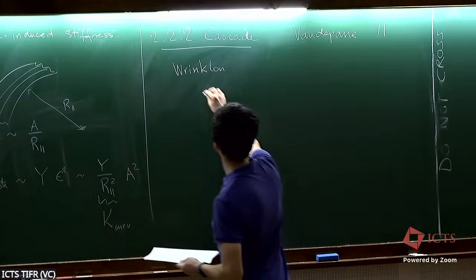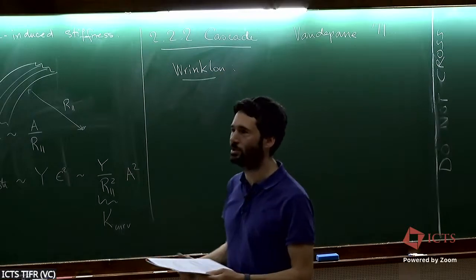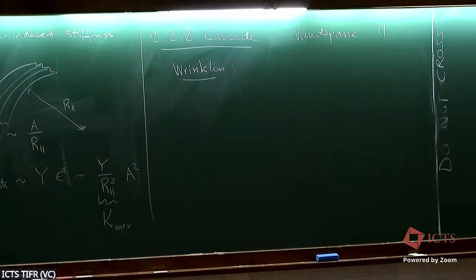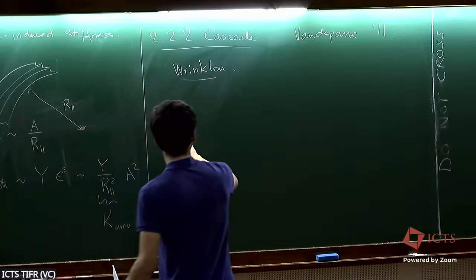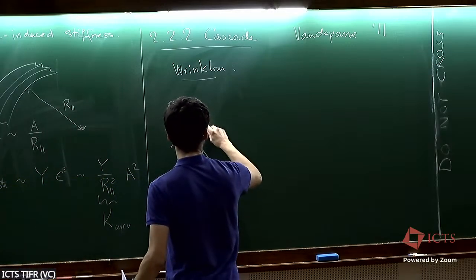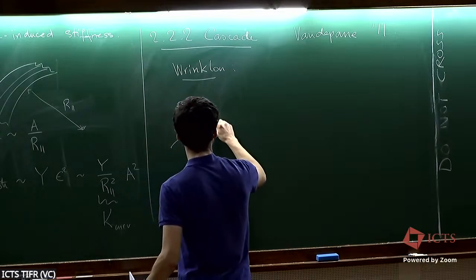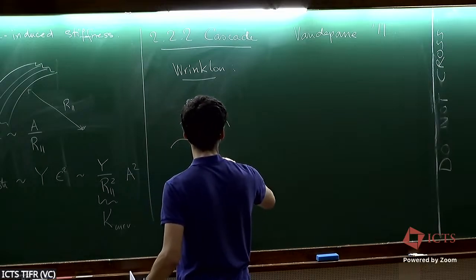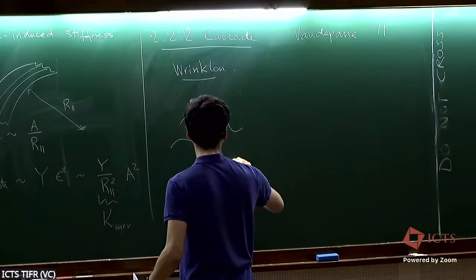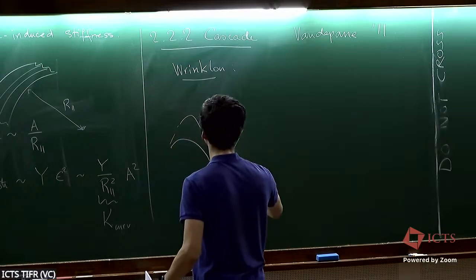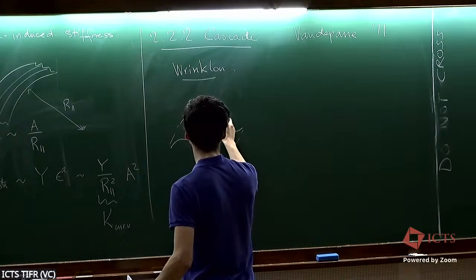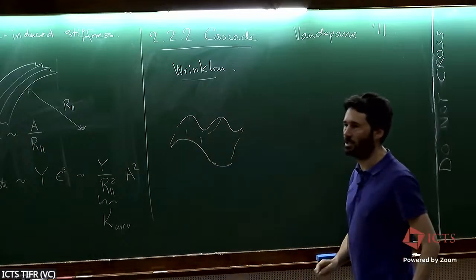They have introduced what they call the wrinklon, which is the elementary building block that takes you from two wrinkles with a wavelength lambda to one wrinkle with a wavelength 2 lambda. So you have this complex pattern that is here.